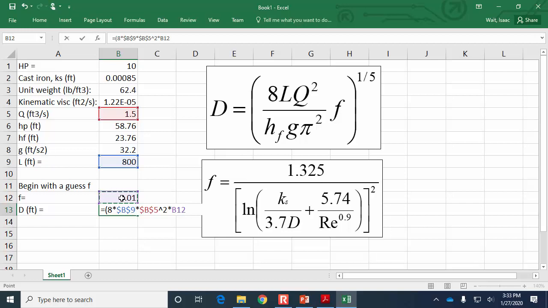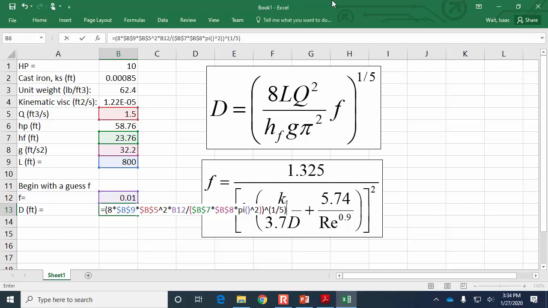But now I'm going to divide by H sub F, anchor the reference, times G, anchor the reference, times pi squared, so pi in parentheses to the power of 2. Now I'm doing a parenthesis to close out the denominator. The next parenthesis will close out these brackets, and now it needs to be to the power of 0.2, or 1 divided by 5.